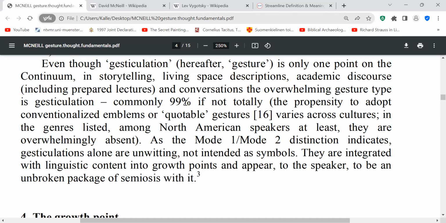The propensity to adopt conventionalized emblems or quotable gestures varies across cultures. In the genres listed, among North American speakers at least, they are overwhelmingly absent.